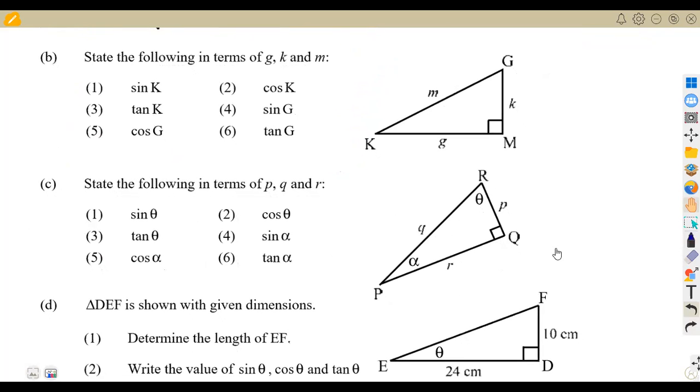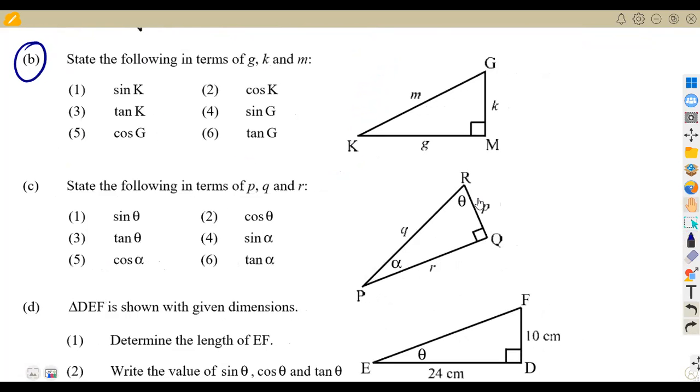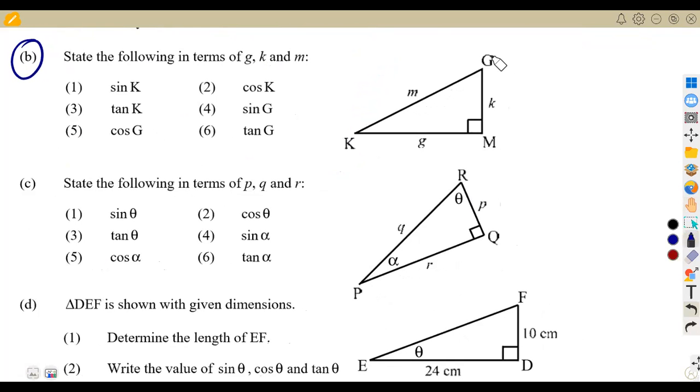All right, now we are given on B, that is, state the following in terms of G, K, and M. So we need to find these trigonometrical ratios, but in terms of these letters that we are given. All right, so whenever we are answering our trigonometrical ratios, we are going back to the idea of our SOHCAHTOA.